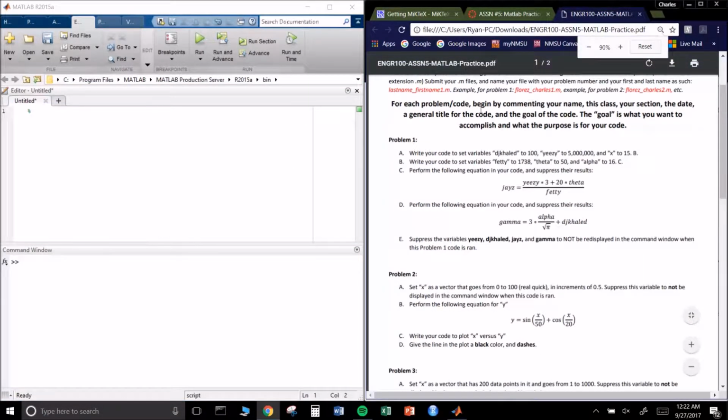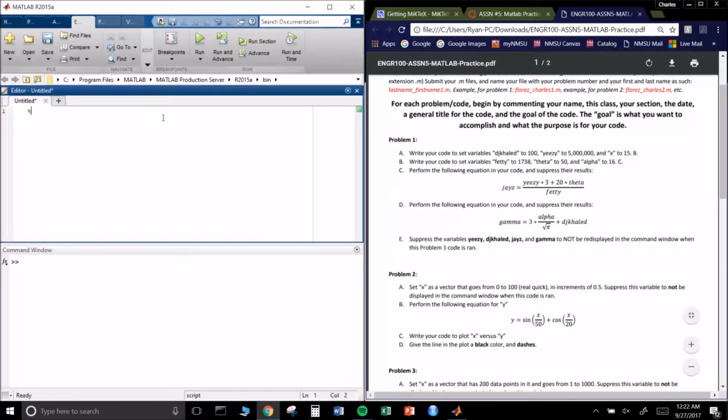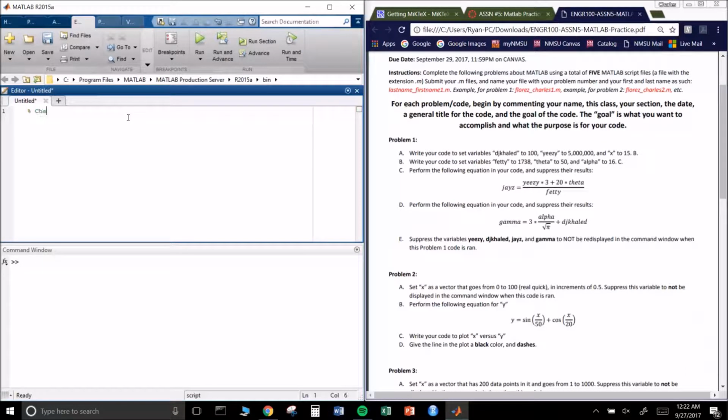I need to begin by commenting my name, class, section, date, title, and goal for the code. So my name, and then we also need class and section. So either MO3 or MO8.